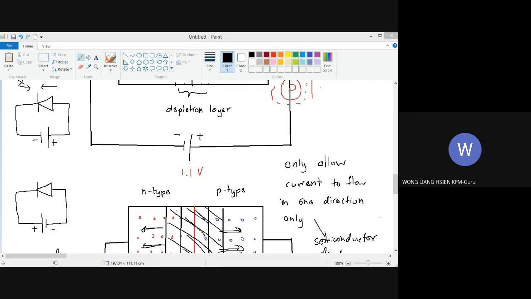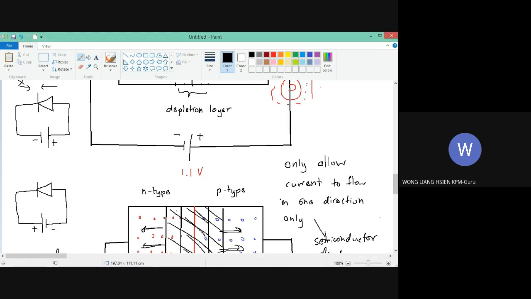How do the electrons move inside the N-type and P-type semiconductor? So there are a lot of things to explain, so that you can understand how the semiconductor diode functions, how does it work?